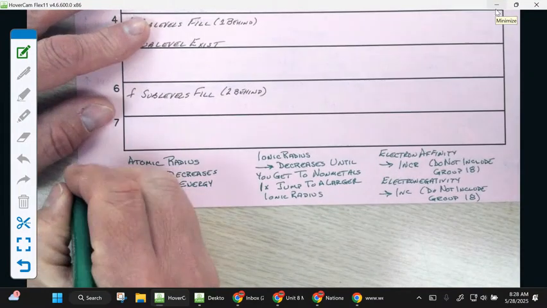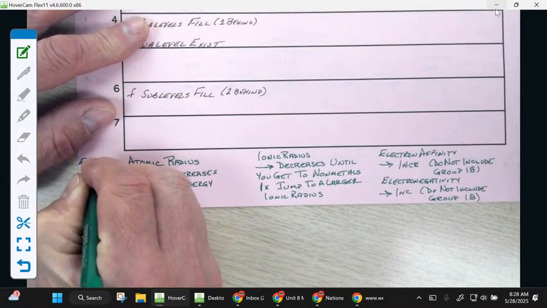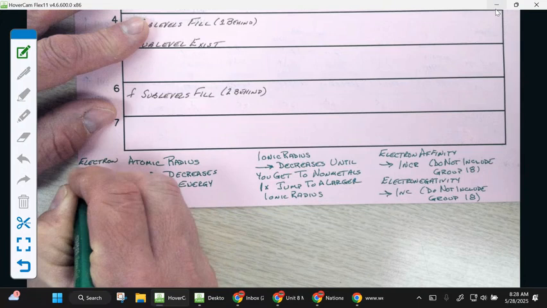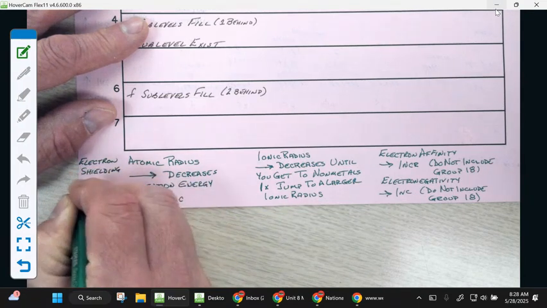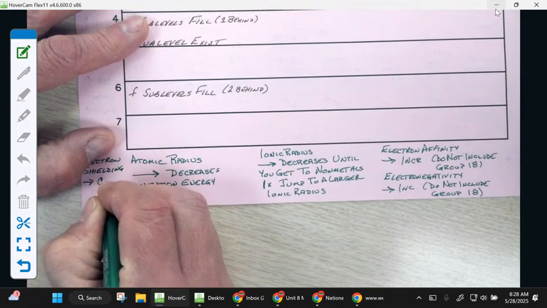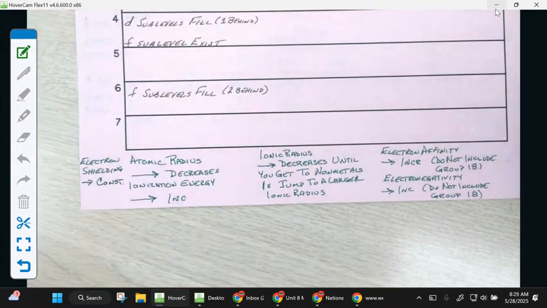So I'm going to put it over here. Electron shielding as you go across, it is constant. Okay? It is constant. What happens as you go down, though? Now think about this. As you go down, what happens to the number of energy levels? So now there are more levels between that outer electron and the nucleus.